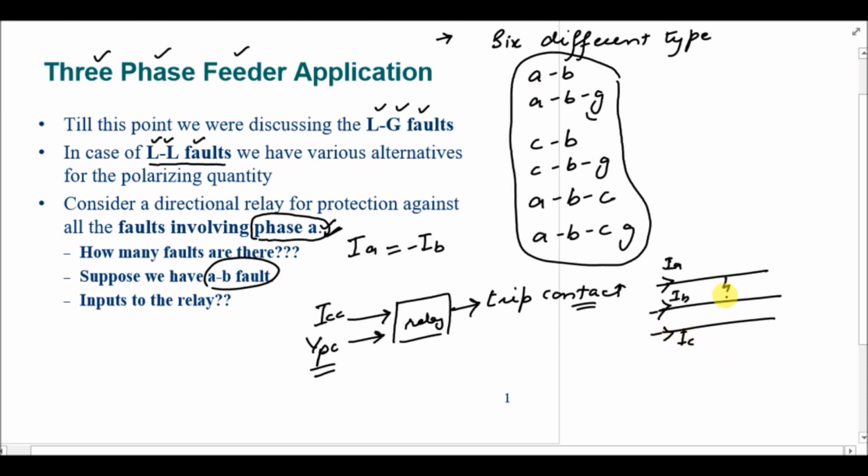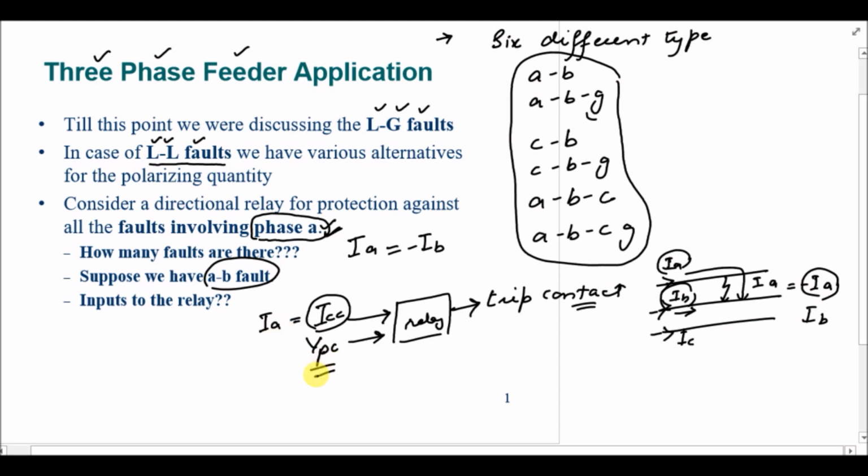So if we have a line to line fault and the fault is occurring between the 2 phases A and B, then there is a chance that the current is flowing from A phase to B phase. But if we consider it from the B phase side, it will be equal to minus IA, or minus IA is equal to IB. So what we are assuming is that this ICC will be equal to IA.